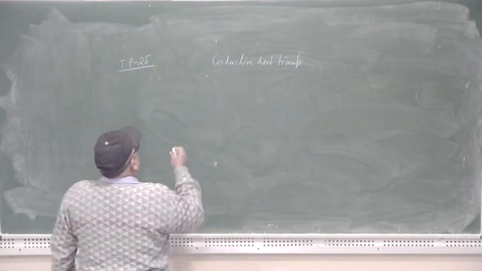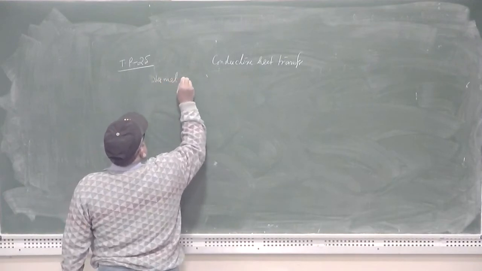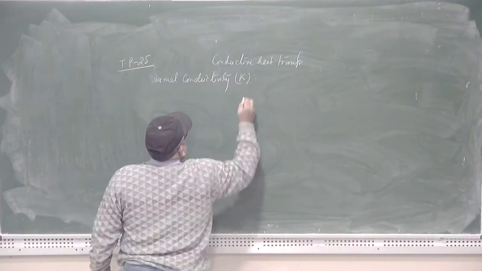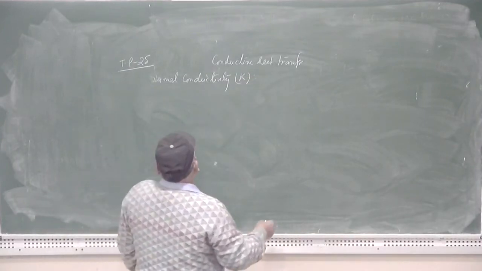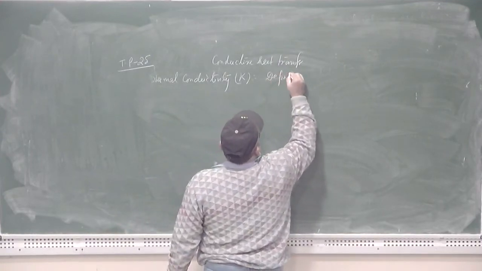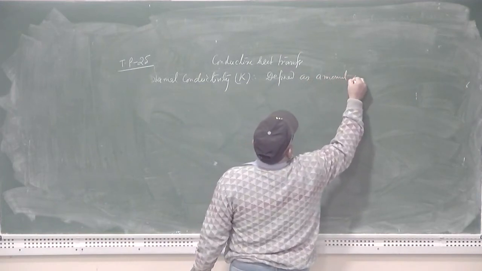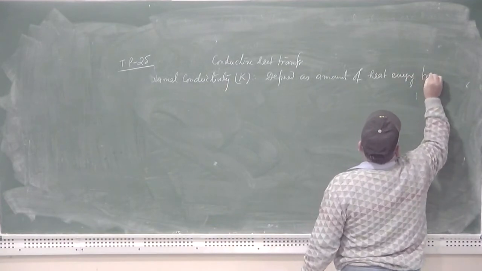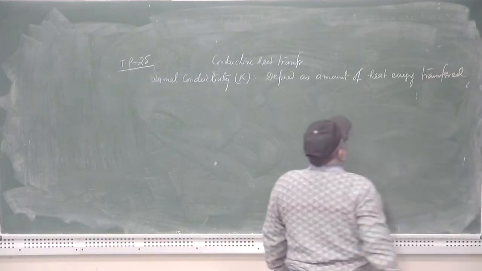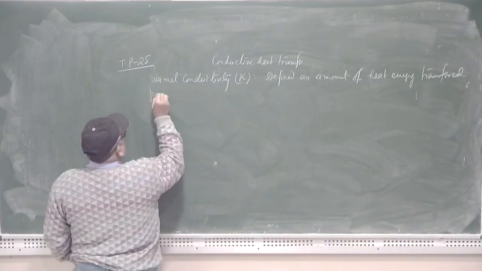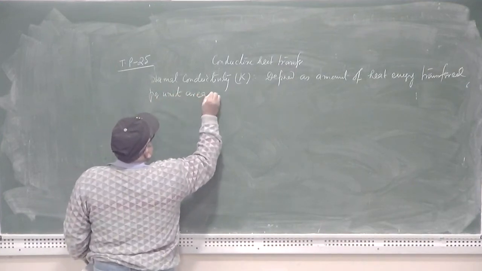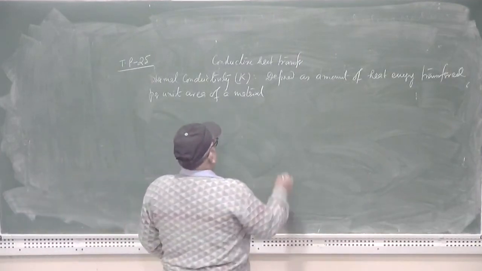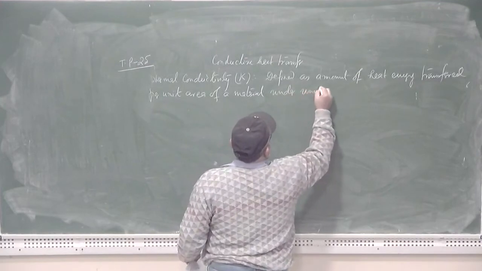So, the thermal conductivity is defined as the amount of heat energy transferred per unit area of a material under unit temperature gradient.